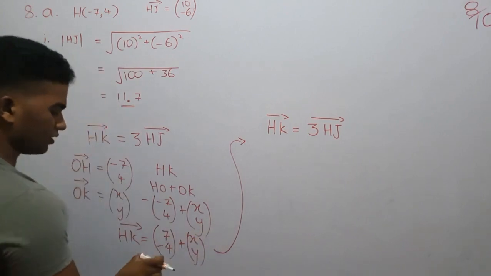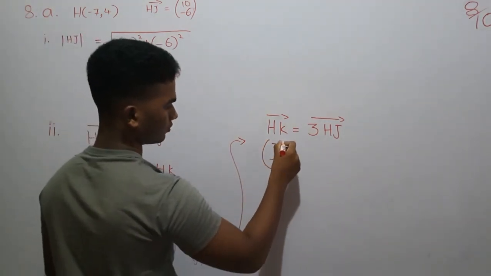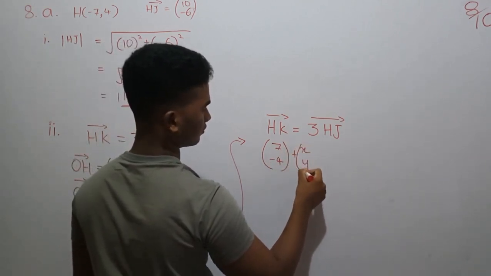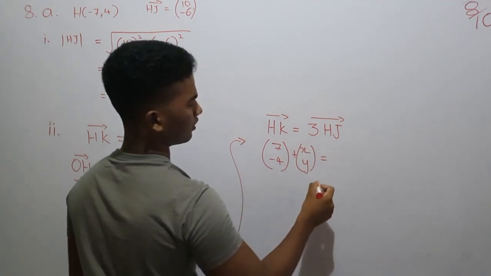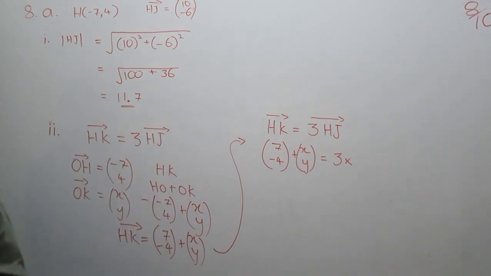So HK is 7, minus 4, plus x and y, equals 3 times what is given, 10 and -6.